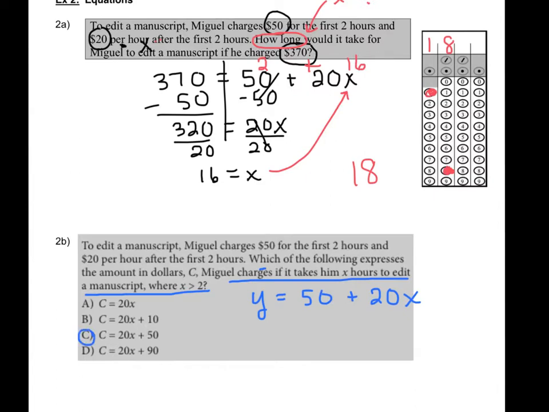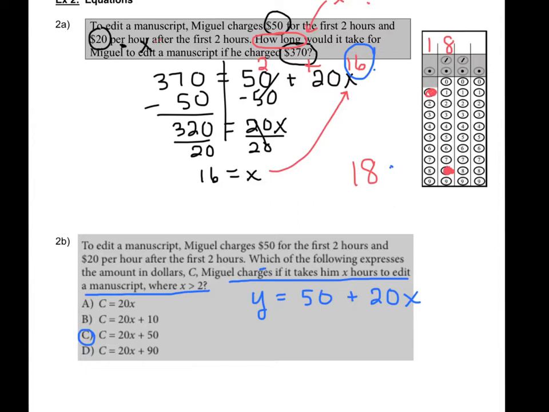However, when we solved for x in 50 plus 20x, we got a number that wasn't actually how many hours he worked, because he worked 2 more hours than that from the $50 charge.